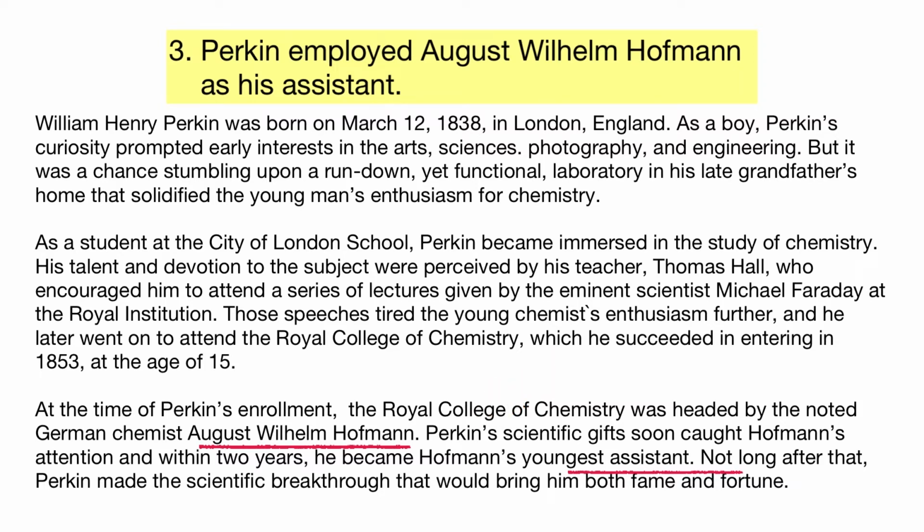But who's an assistant to whom? The question says Hoffman is an assistant to Perkin, but the text shows that he, as in Perkin, became Hoffman's youngest assistant. Text clearly proves that Hoffman was never an assistant to Perkin. It was, in fact, the other way around. So since the text proves the statement wrong, our answer is false.